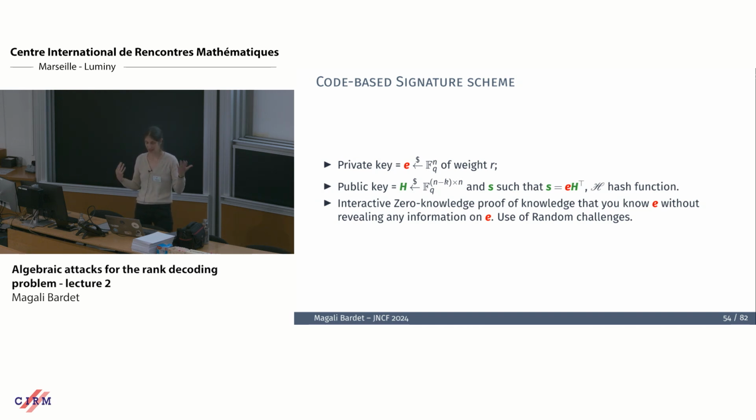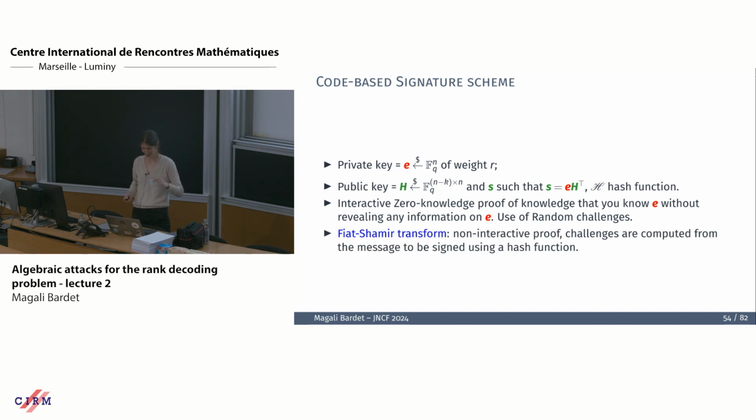It's possible to design such a proof of knowledge. And this is what is called an interactive proof of knowledge, where first the prover commits to some values, then the verifier asks one random value, and then you reveal something from the initial values. Maybe I will show you just after.